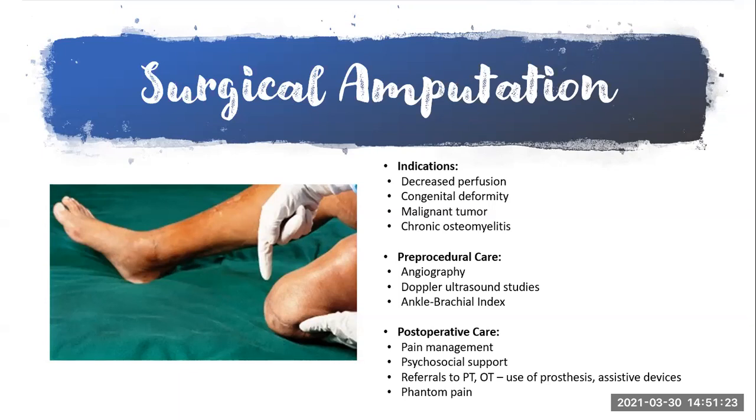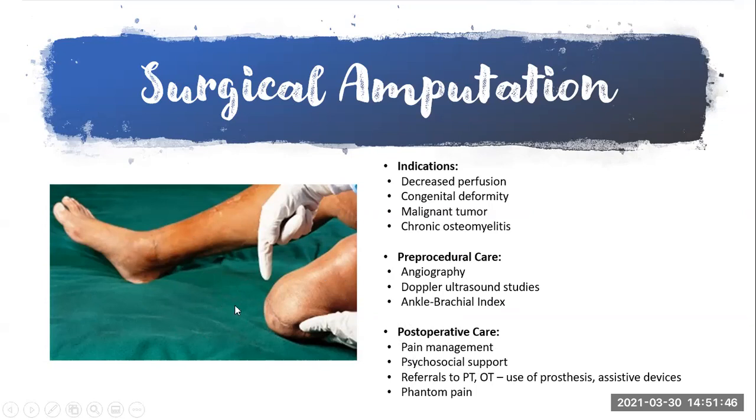Studies that they do beforehand is just like the things we talked about in peripheral circulation, looking at circulation to the extremity. But here are the things that you need to be considerate of: pain management, psychosocial support, because it is a lot, especially if you're losing.